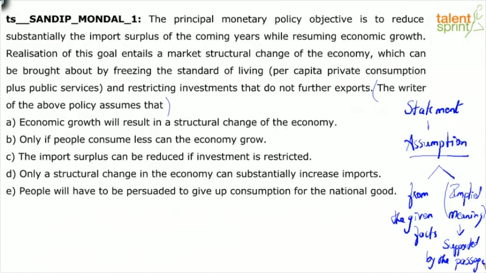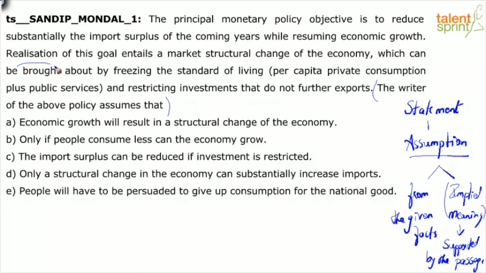Having said that, let's look at it. So, topic sentence, what does it say? Principal monetary policy objective is to reduce substantially the import surplus of the coming years while resuming economic growth. Realization of this goal entails a market structural change.